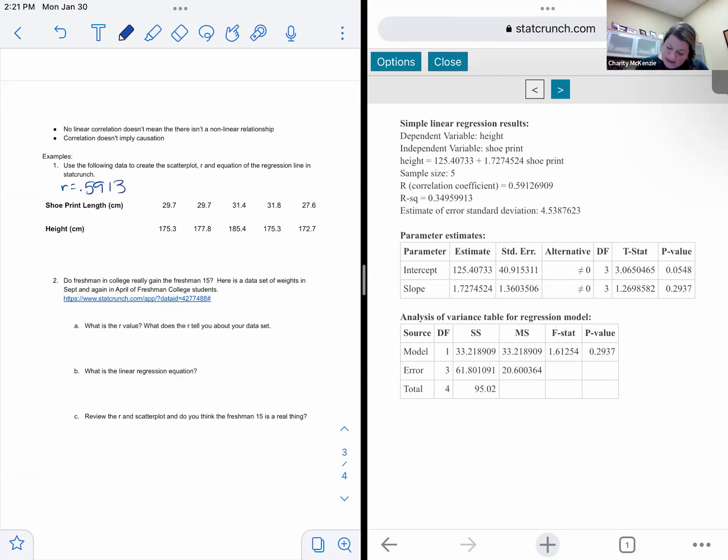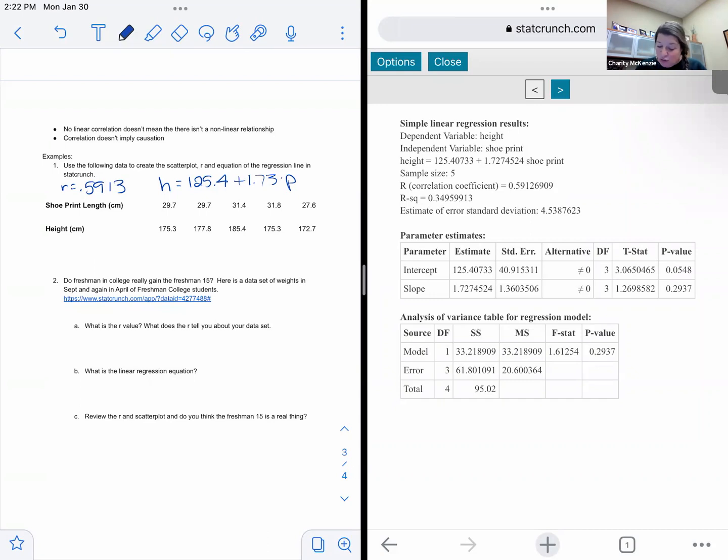My equation of my line is height equals 125.4. I'll just go one decimal. It goes out a couple, but that's okay. 1.73 if I go one more decimal, times shoe print, or we can call it P for print, X, Y, doesn't matter. But that's our equation of our line, our R.